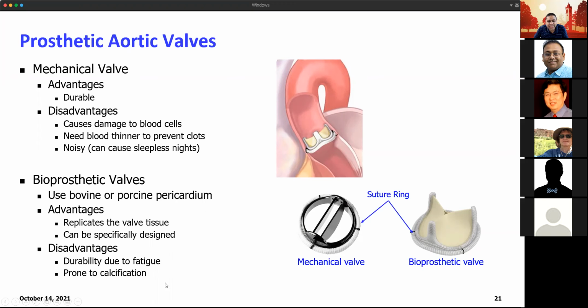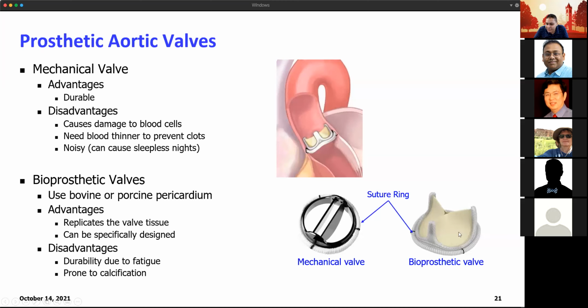So recently, people have been looking at what are called bioprosthetic valves. These have a stent, which is again made up of a metal or durable plastic material, and then the valves themselves are made from bovine or porcine pericardium.